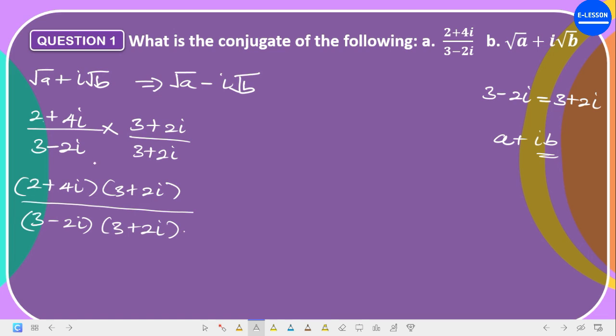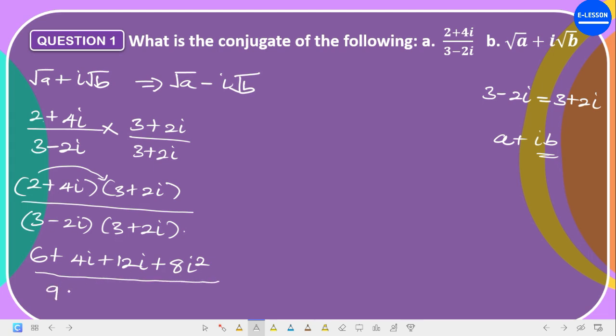Now 2 times 3 will give us 6. 2 times 2i will give us plus 4i. 4i times 3 will give us plus 12i. 4i times 2i will give us 8i squared. All over 3 times 3 will give us 9.